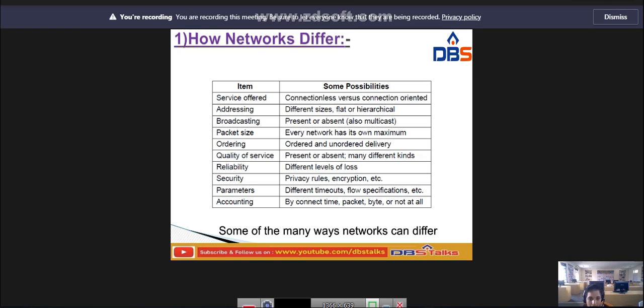Every network has many layers, and in every layer we maintain a packet size, that is, its own maximum size. Ordering means ordered or unordered delivery.